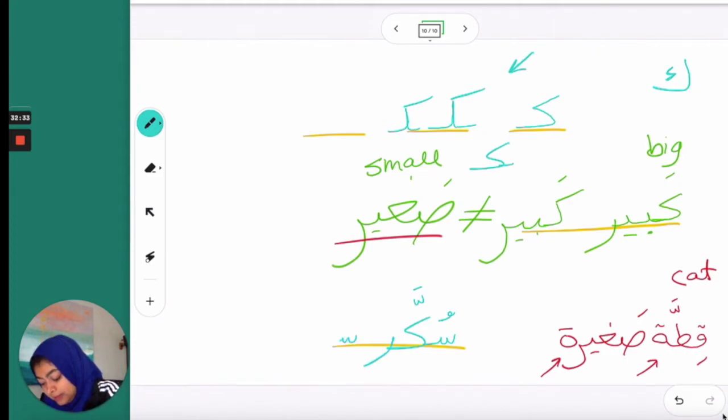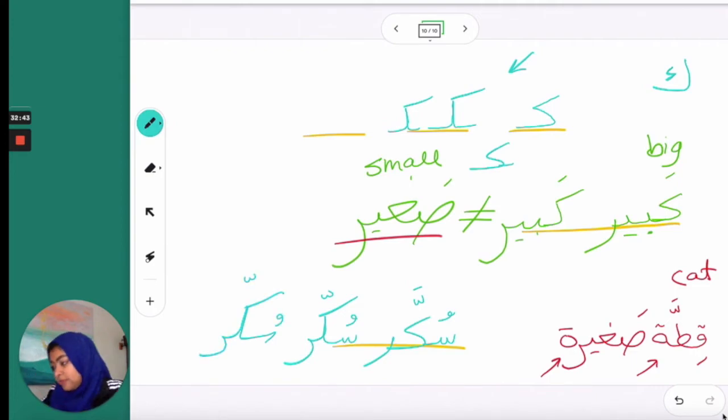You can write it like this, sukkar. And the seen can be written in the other way too, right? So you can also write it like this, sukkar. Vocab word means sugar. So if I want to say, I want sugar in the tea: urid sukkar, shay. Sukkar.